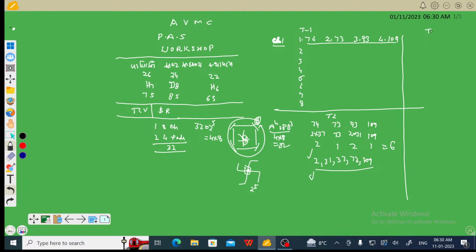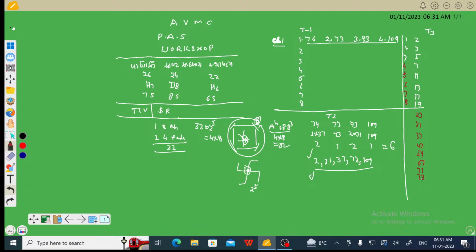Ahead, there will be 23, 31, 37, then it is 47, 59, 67, 71, 73, then it is 97, 103, and 109.